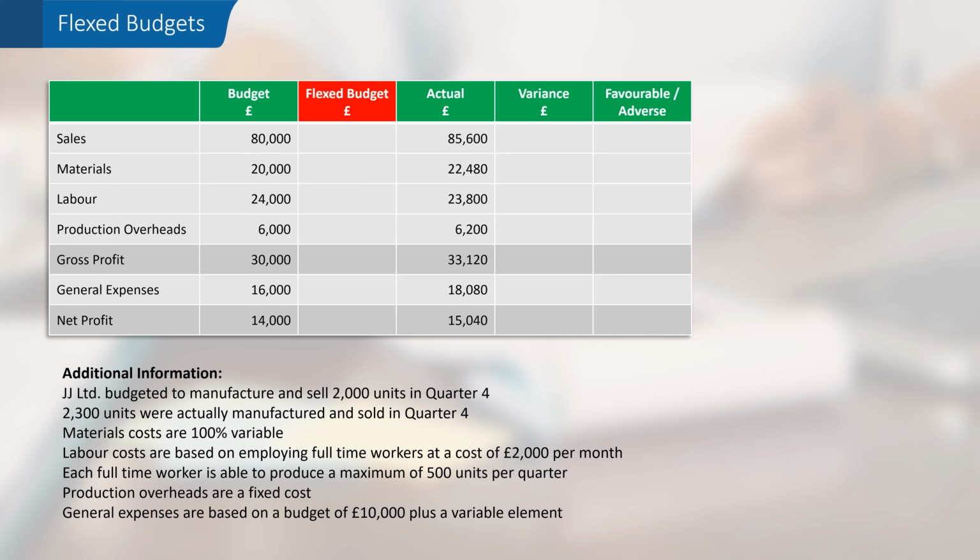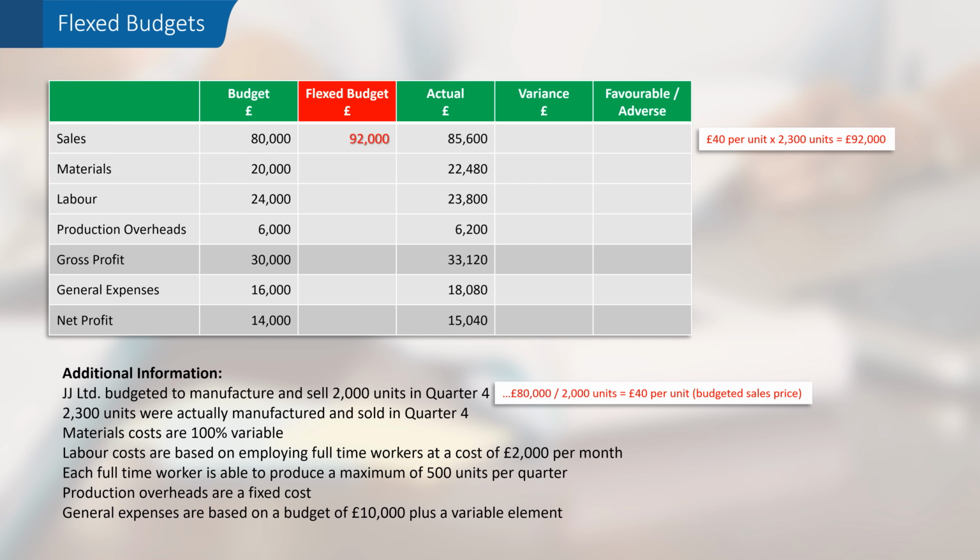First up is sales. Sales were budgeted to be £80,000 for 2,000 units. Therefore, each unit was expected to sell for £80,000 divided by 2,000 units, which is £40 per unit. 2,300 units at £40 each would therefore have been expected to raise £92,000 in sales.